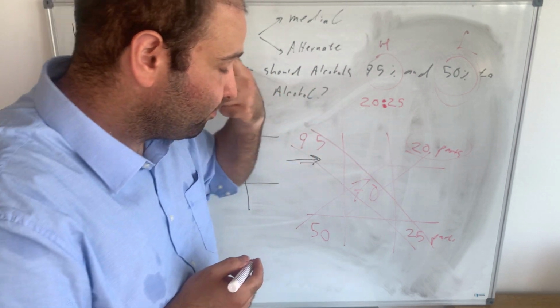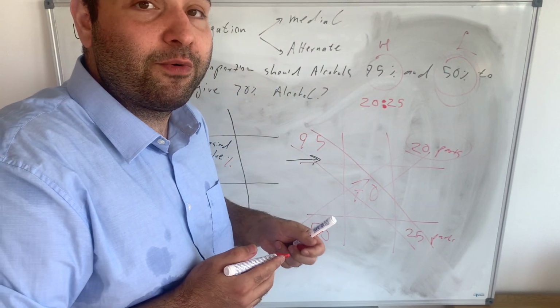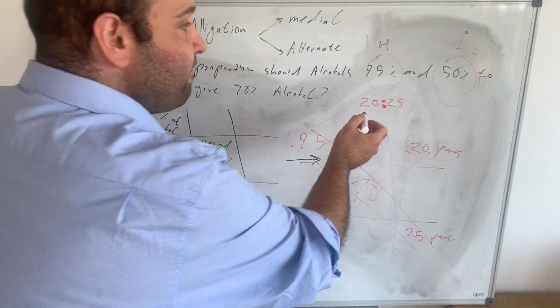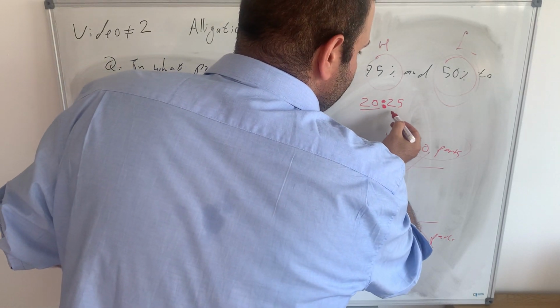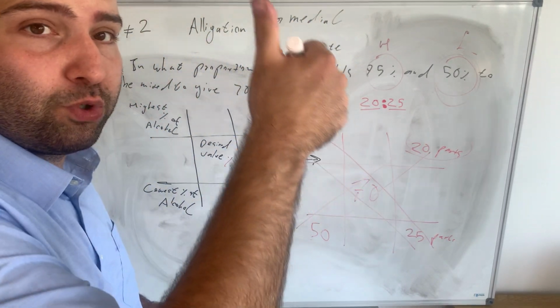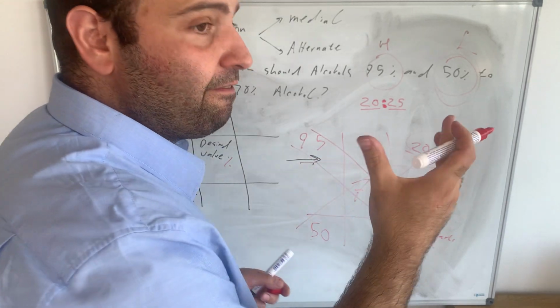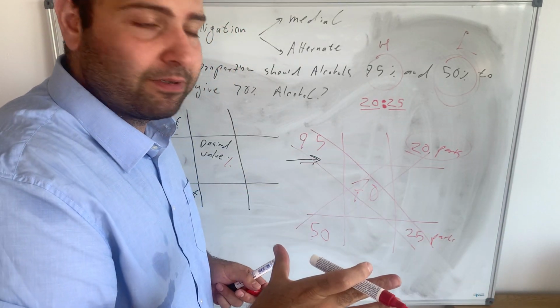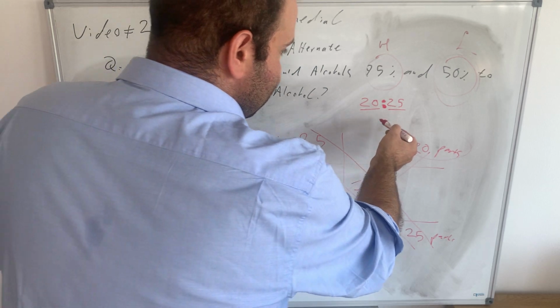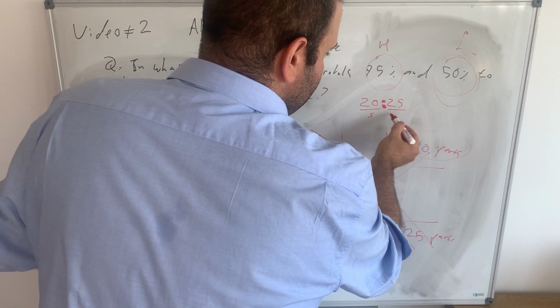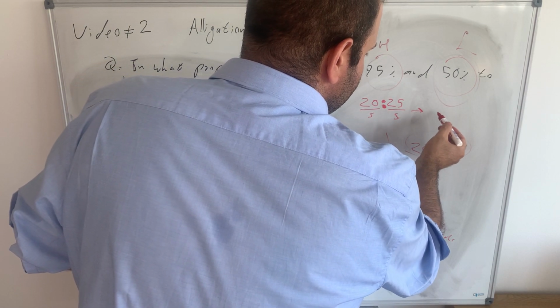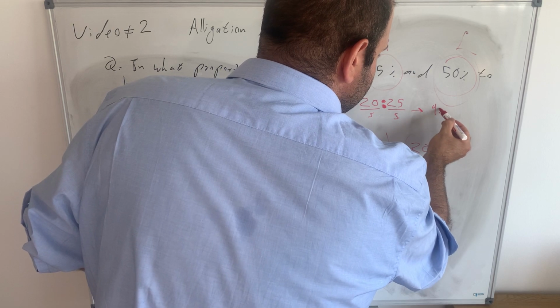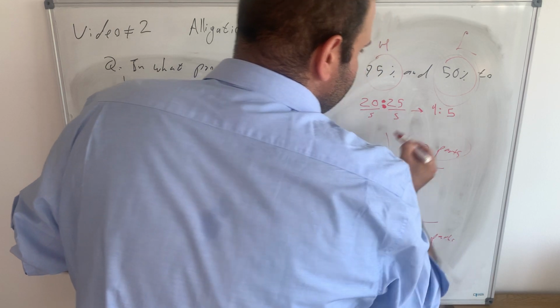There is an expression of equivalent ratio, meaning if we divide each term by the same number, the value would be the same. So let's say we divide them by 5. It could be converted to 4:5.